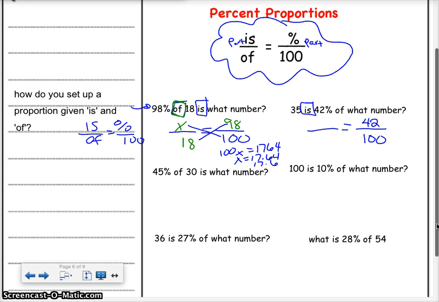Do not make a percent sign, it's just 42. That means the only thing left over is the 35, so 35 is my is. Then you can multiply the diagonal, 3,500, divide it by what's left over, and you get 83.3. I'm going to go ahead and box my answers up.